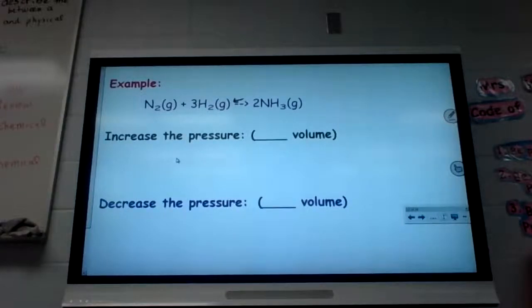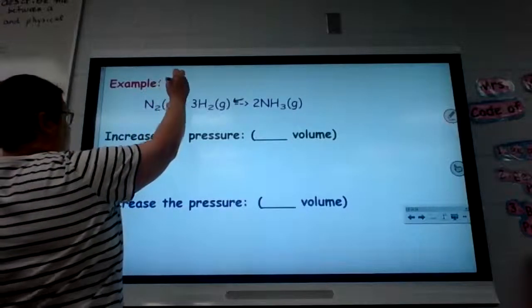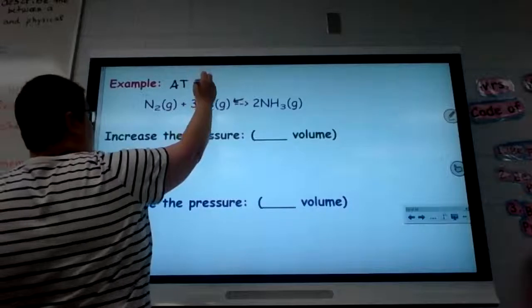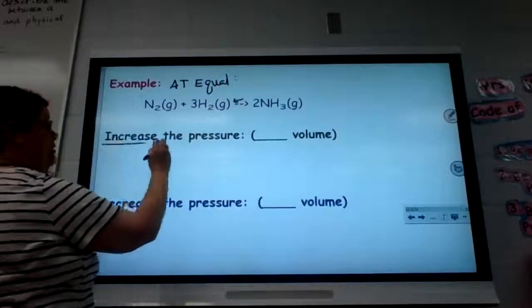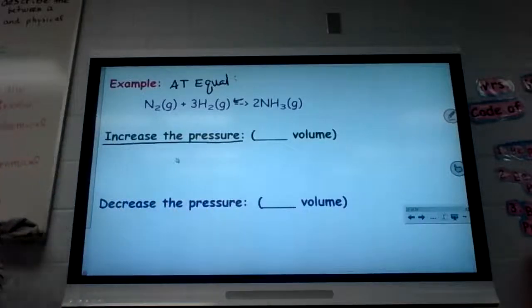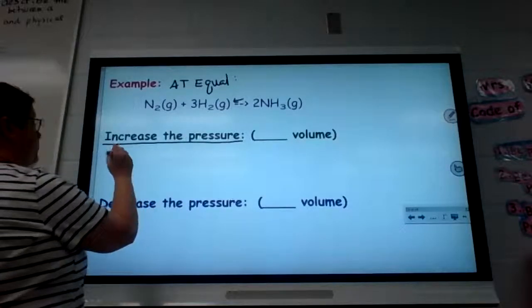All right, so if this system is at equilibrium, remember, the question will always tell you you're at equilibrium. And then it's going to tell you something about your increase of the pressure.